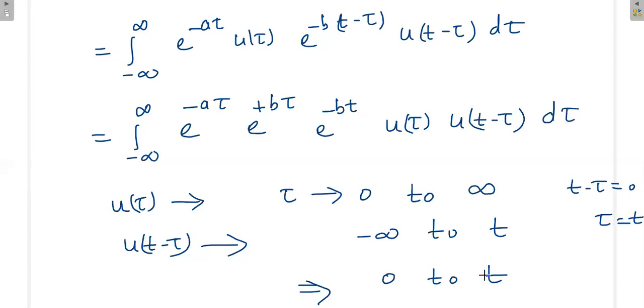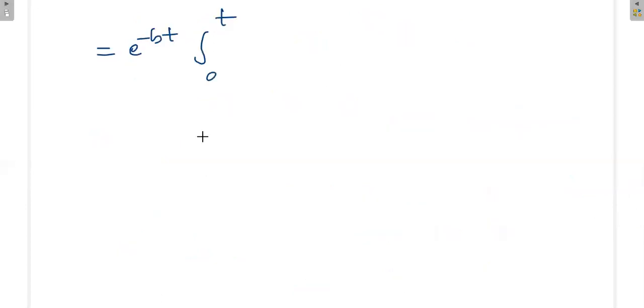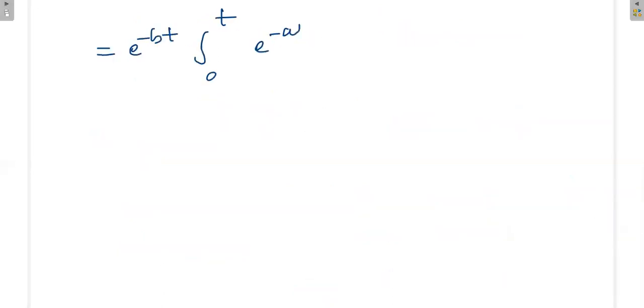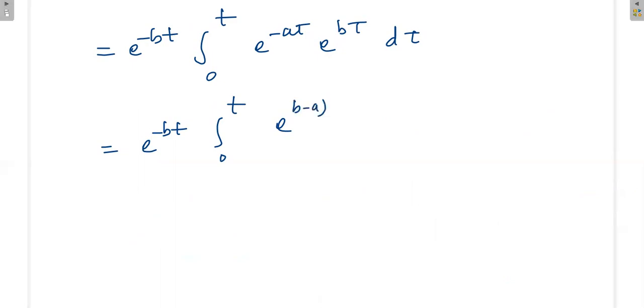So the limit goes from 0 to t, and inside we have e power minus a tau, e power plus b tau, d tau. So e power minus bt, integral from 0 to t of e power b minus a, tau, d tau.